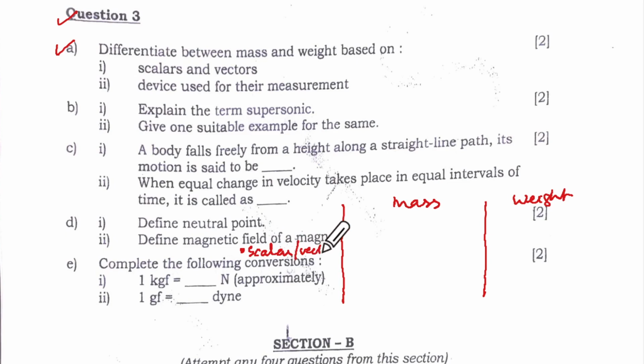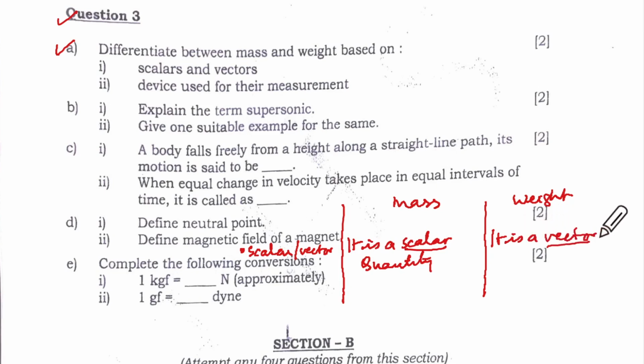Scalar, vector. So mass is what you'll say? Does it have direction? No, it's a scalar quantity. Underline scalar. And what you'll write? It is a vector quantity. Because weight has the direction, correct? Yes, ma'am.